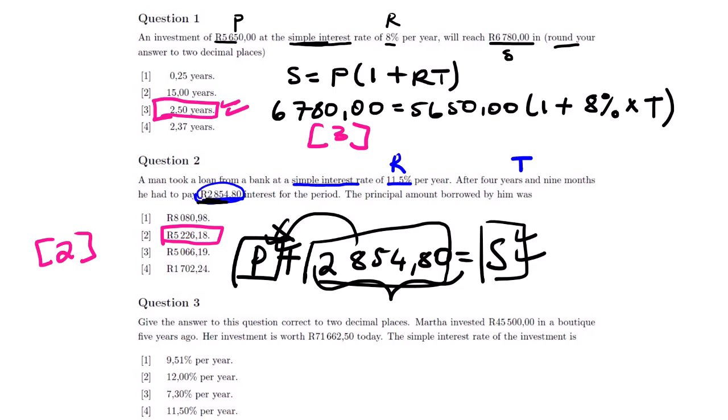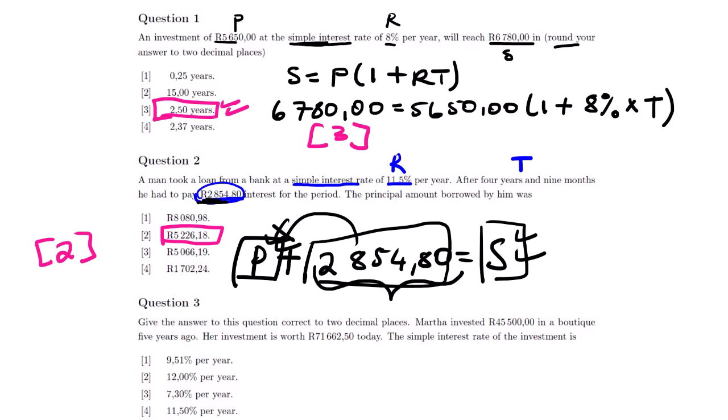Now let us move on to the next question. Question 3 says, give the answer to this question correct to 2 decimal places. Martha invested 45,500 in a boutique 5 years ago. Her investment is worth 71,662.50 today.